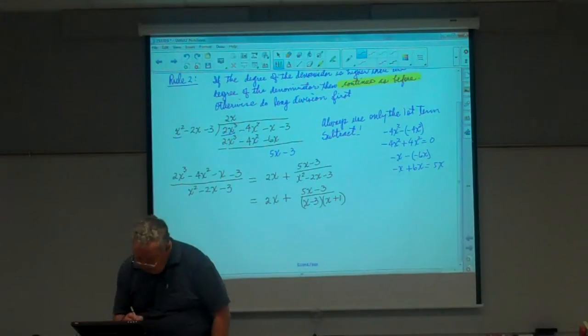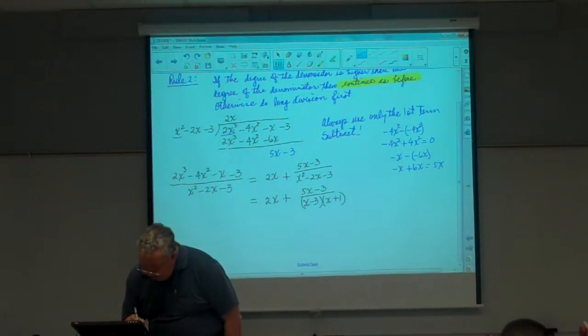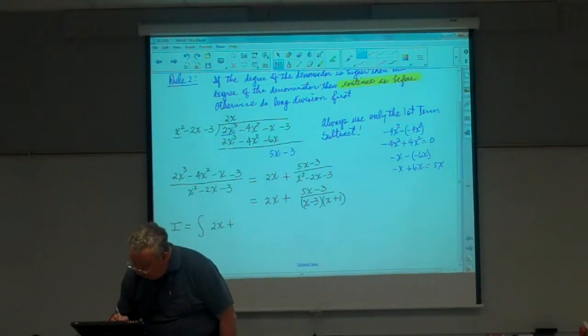And then wouldn't you agree that I is equal to the integral of 2x plus (5x minus 3) over (x minus 3)(x plus 1) dx?